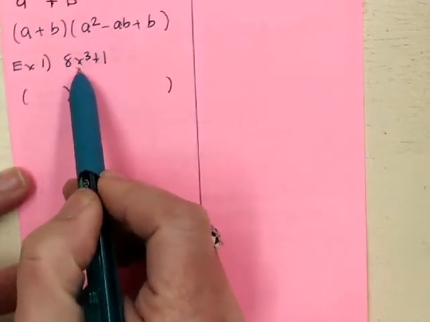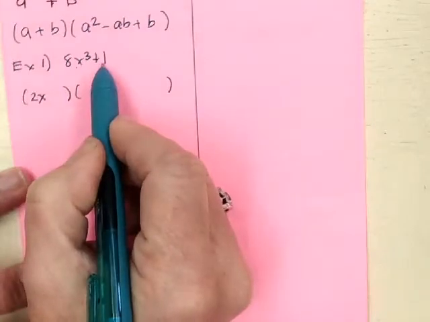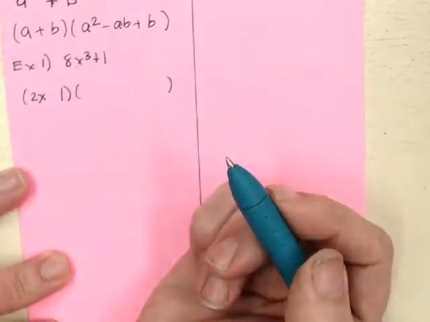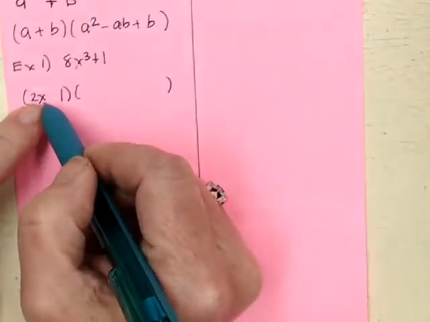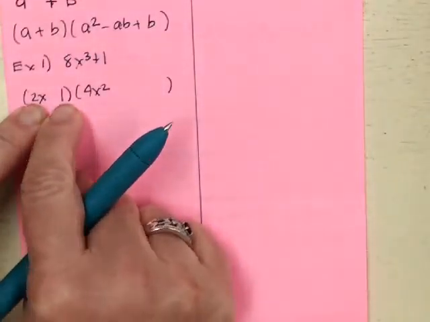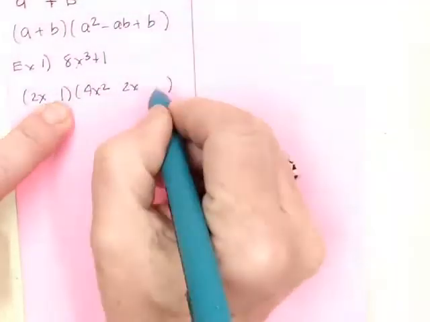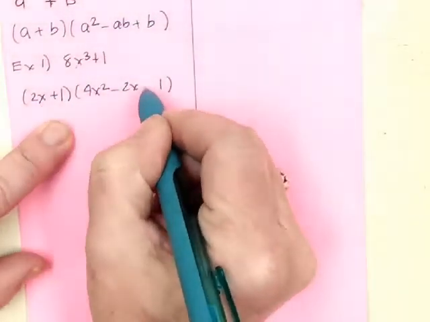Take the cube root of 8x cubed. Take the cube root of 1. All I did is take cube roots. Now you take this whole thing, the 2x, and you square it. You multiply these two things together. You square this one. And your signs are plus, minus, plus.